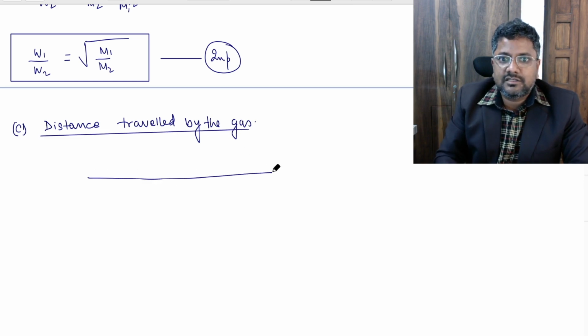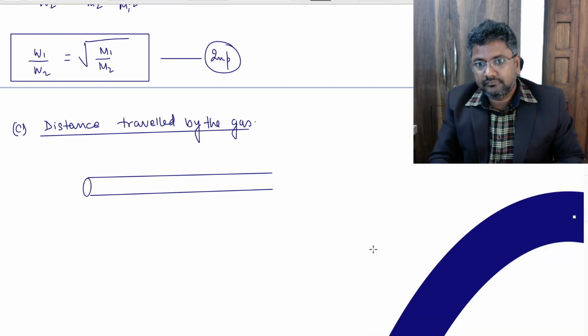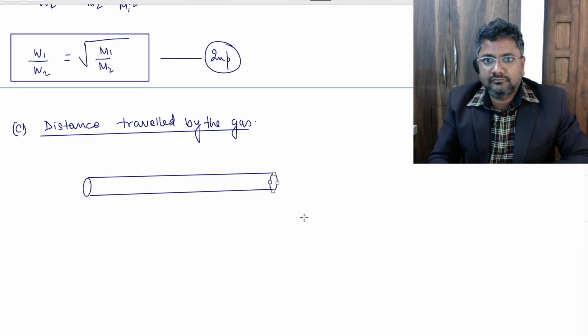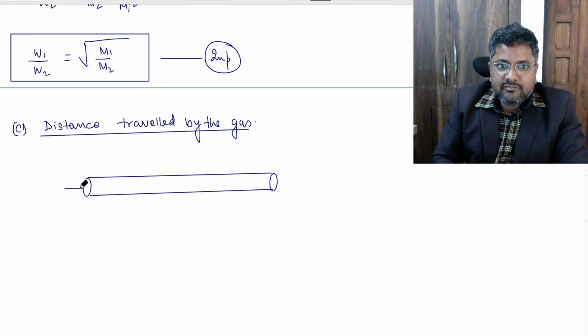So suppose that we have a uniform cylinder, and at the same time we are introducing HCl gas from here and ammonia from here.